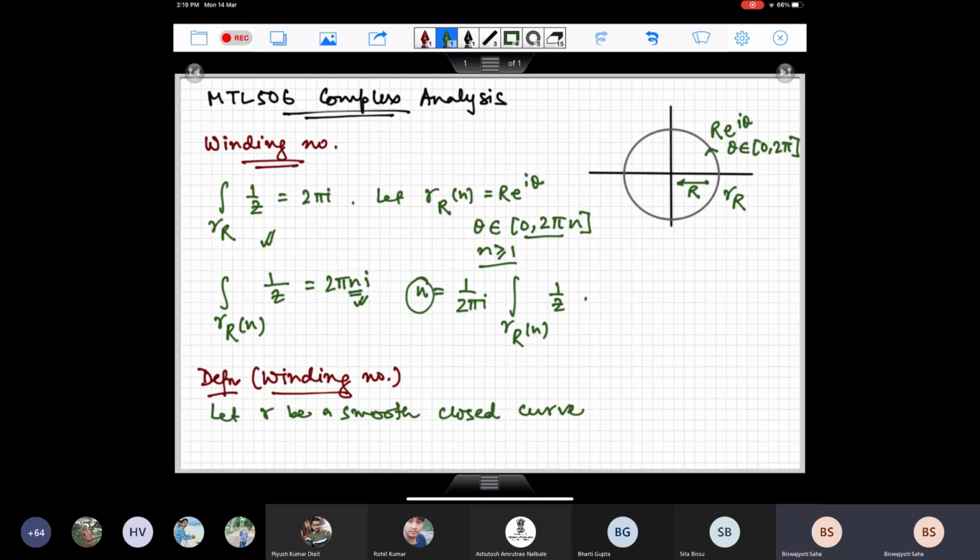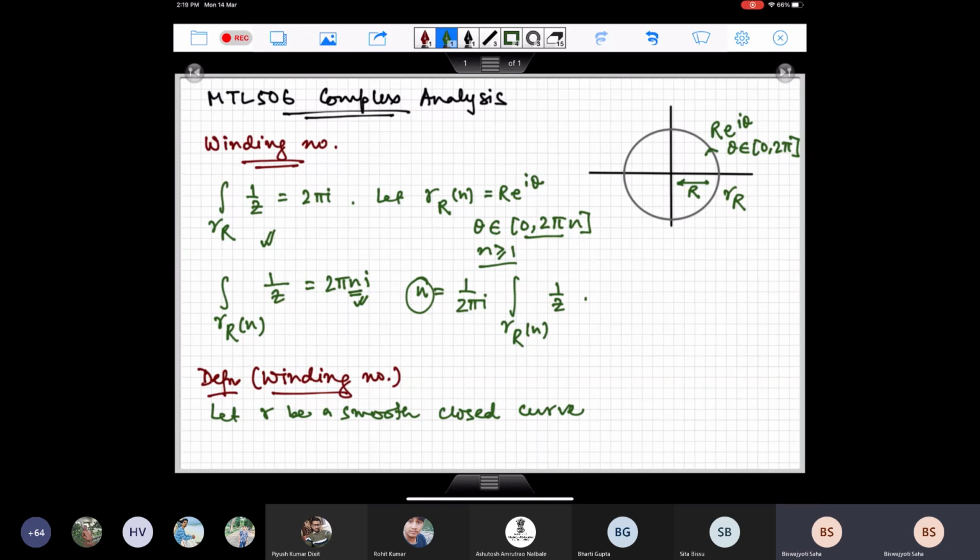So of course we are interested in integrating over closed curves, and as we said, there is this parameter, the winding number, which is going to play some role in the integration. So we are going to define it for a smooth closed curve.